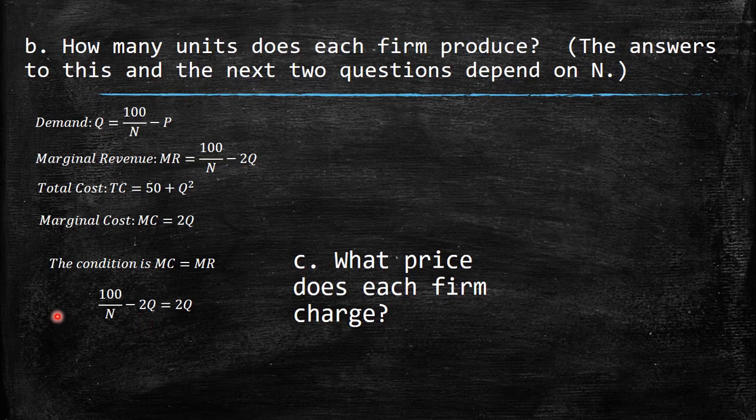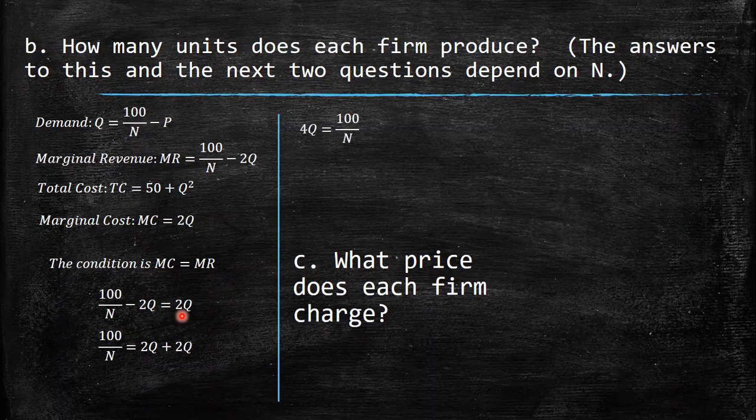Then you need to collect Q and find the optimal value of Q, where you reach the condition where the marginal cost is equal to the marginal revenue. So you take this 2Q to the other side, because with minus you go with plus, and then you have this one. I just put this to the left and this to the right to make some order and have our variable in the left part.